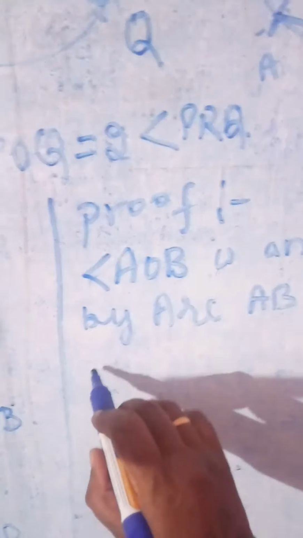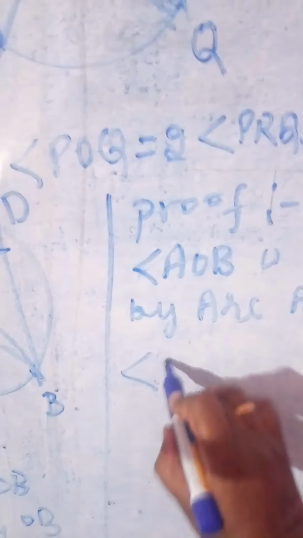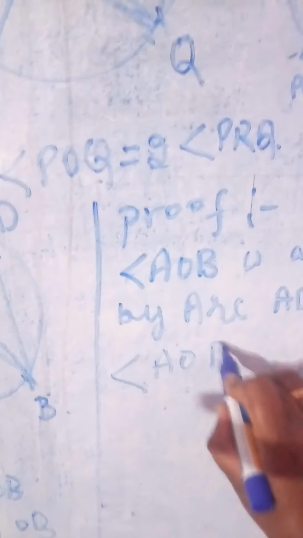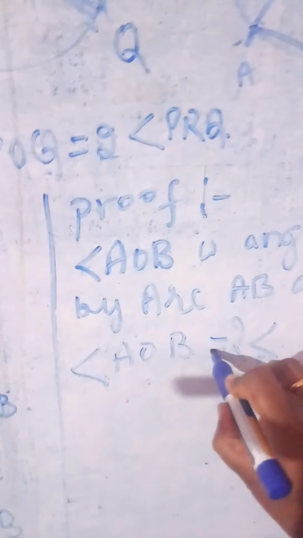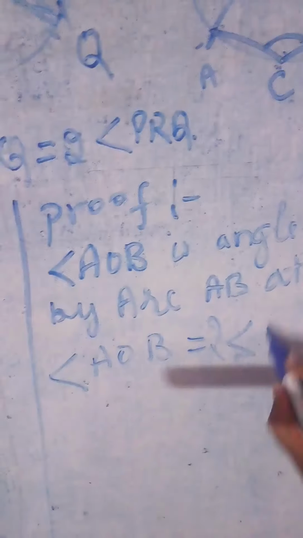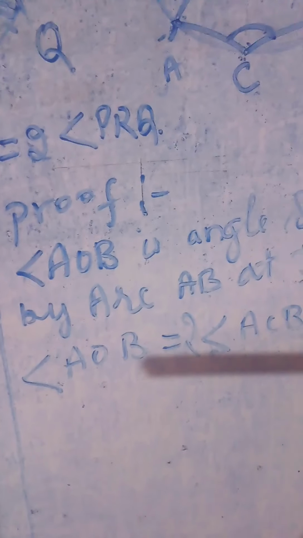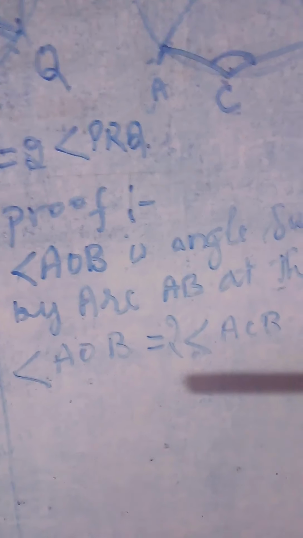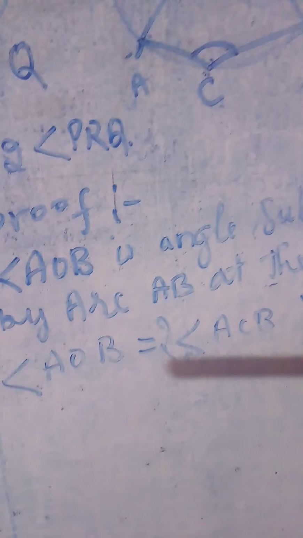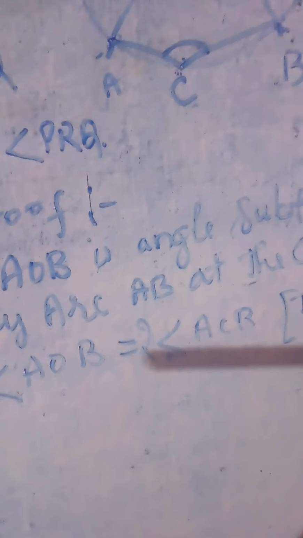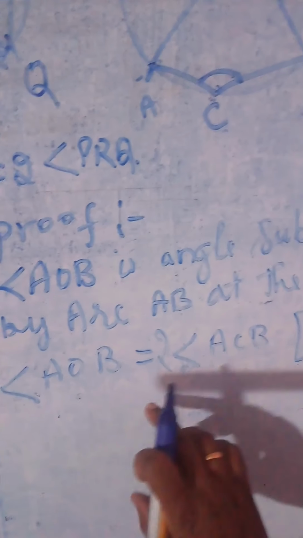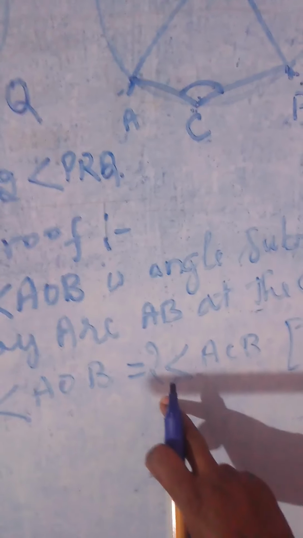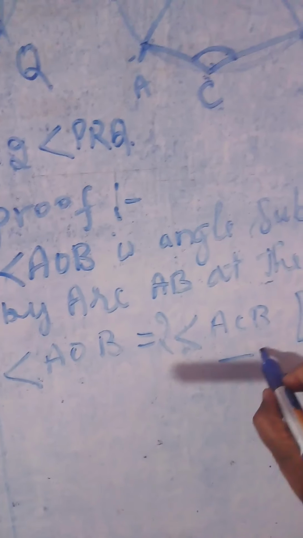So the angle AOB will be equal to 2 times angle ACB. Reason: Theorem 5. The angle subtended at the center is equal to twice the angle subtended at the circumference. So this is 1.